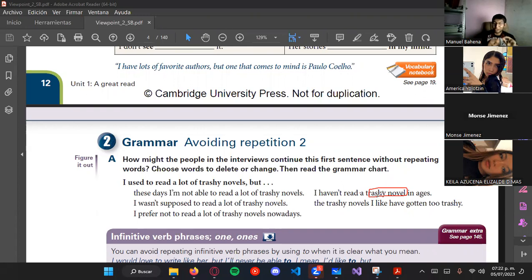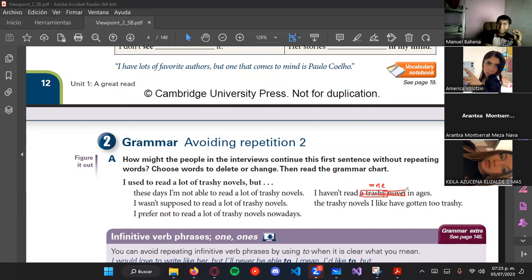Okay? So you're getting close. I haven't, because yes, we use this one. I haven't read what? Puede ser, I haven't read one in ages. Exactly. I haven't read one. No he leído una.